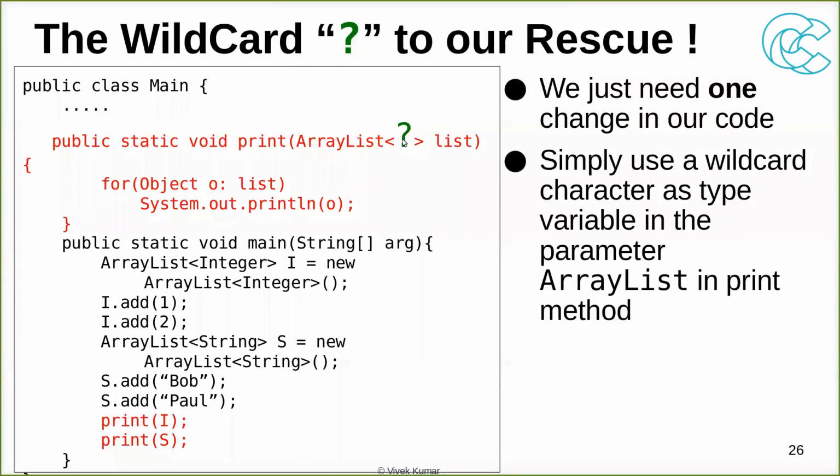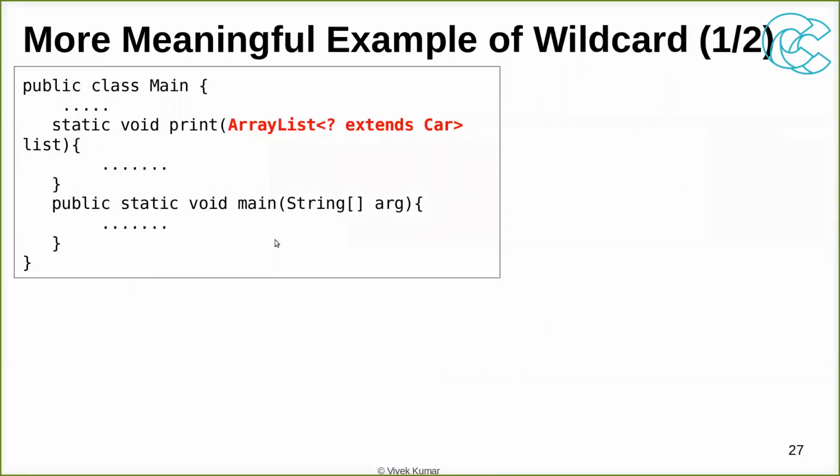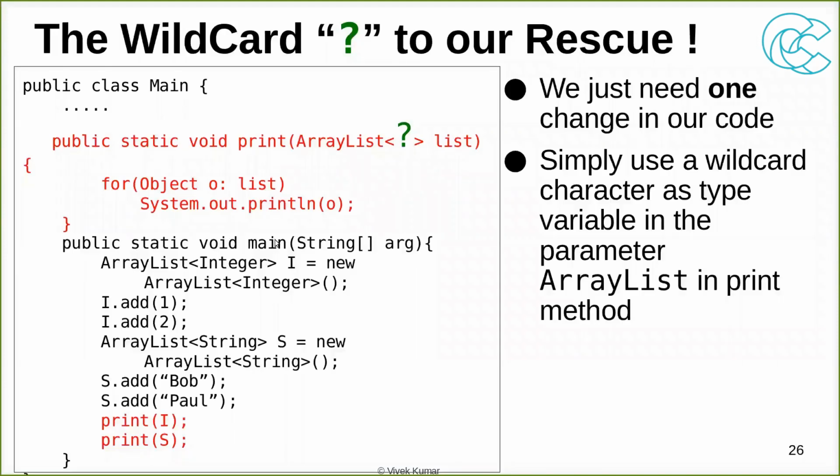If you have a question mark, it means that any type can come in here. So in the first case, the wildcard would get replaced with integer, and in the second case with string. So in this case, it will work. But there are other variations of this wildcard as well, which we'll see in the next few slides.